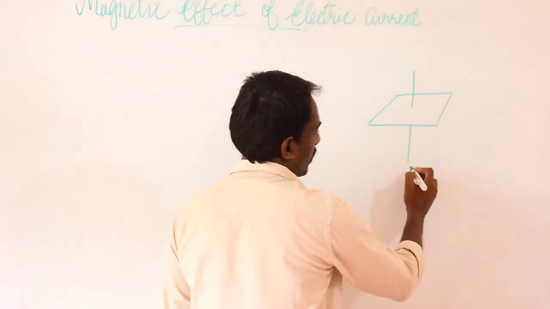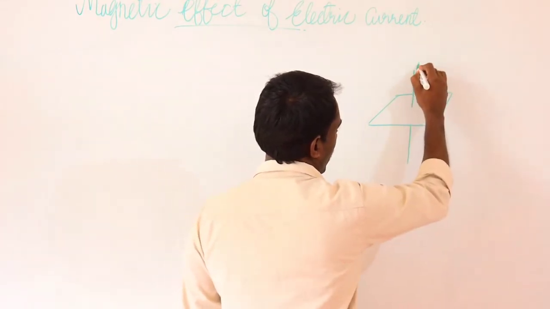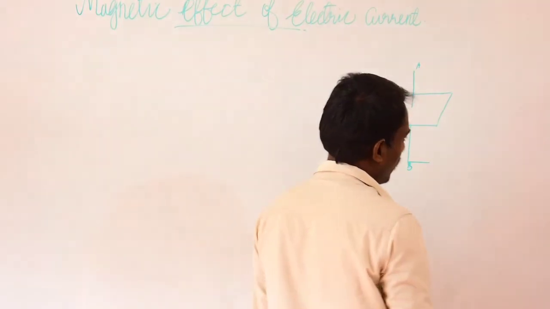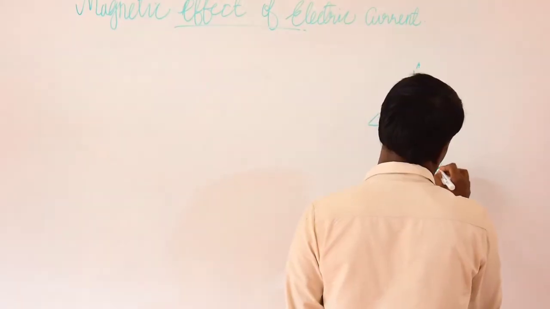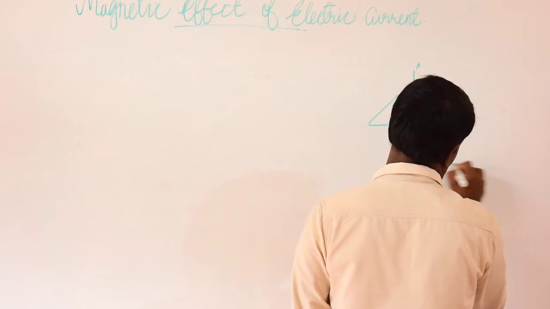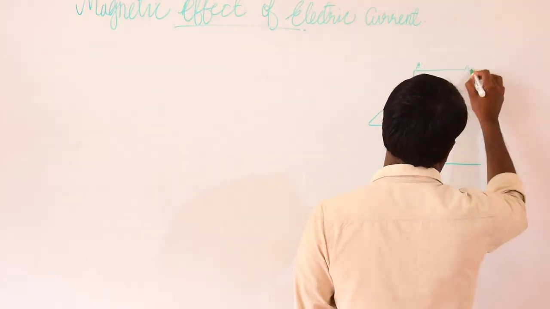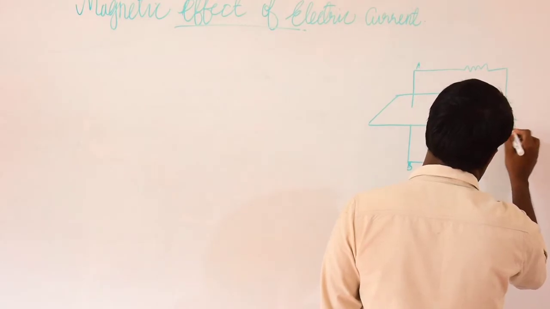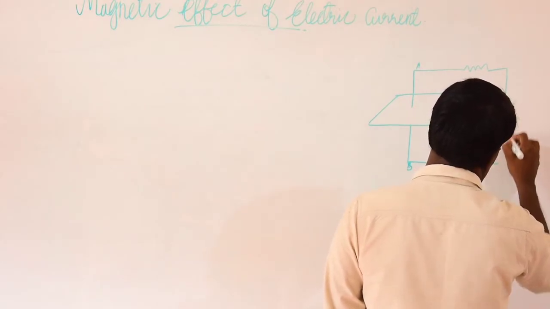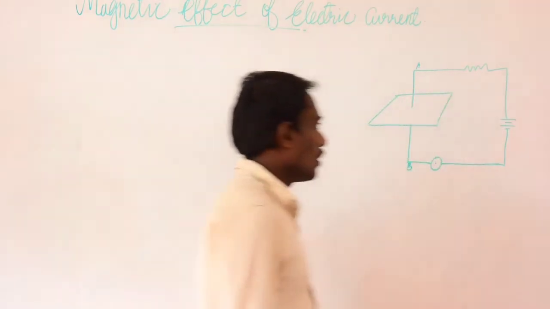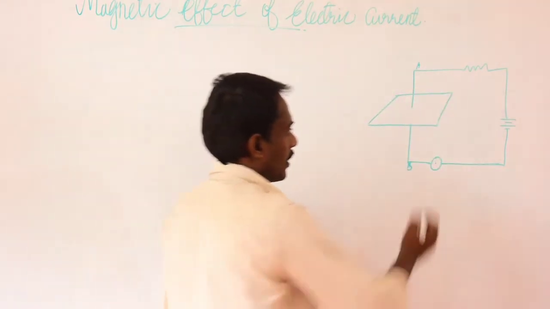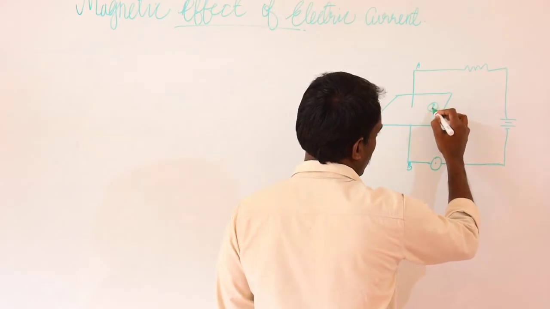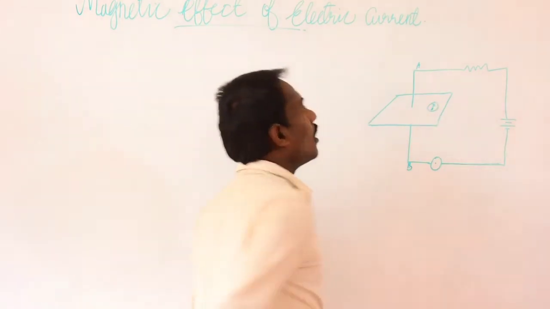Now these two ends, A and B, of the conductor are connected to a battery through a key, and also connected to a resistor, and a compass needle is placed near this conductor.